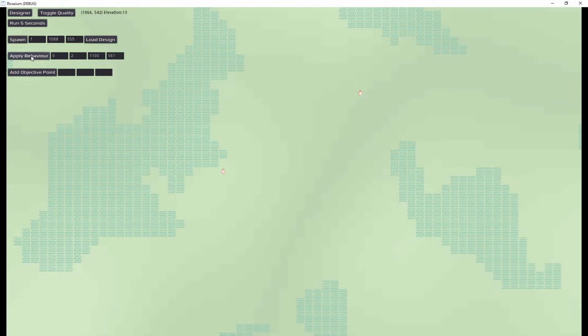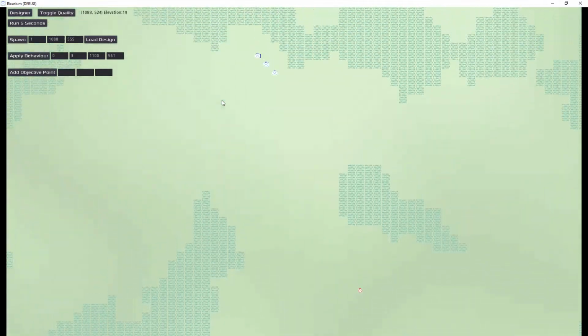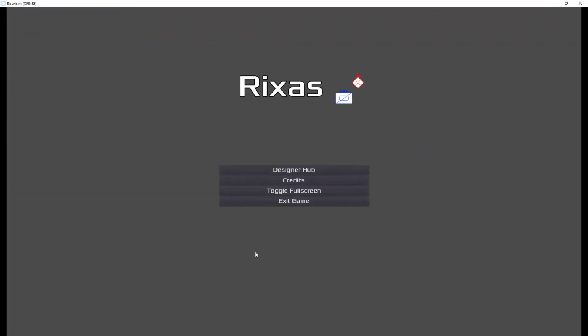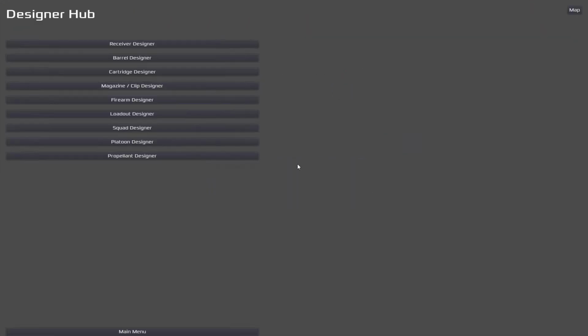And also, let's get them to start shooting as well, once they see a target. Got the shortcut for that.